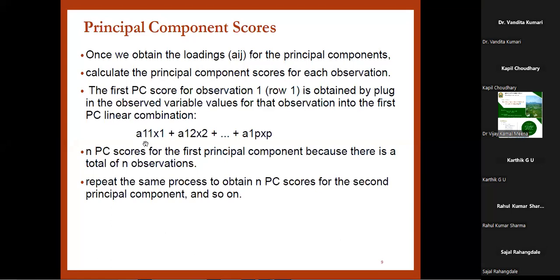That is, if we have obtained the loadings and we already have the values of the original variables x1, x2, x3, we will multiply by the loadings and add them all to get the first principal component. Similarly, it can be done for the other principal scores. To obtain the nth principal score, we go on to find it using the loadings of the nth principal component.